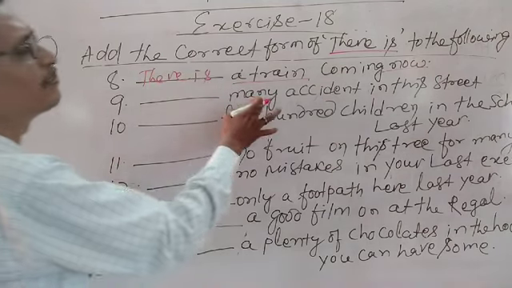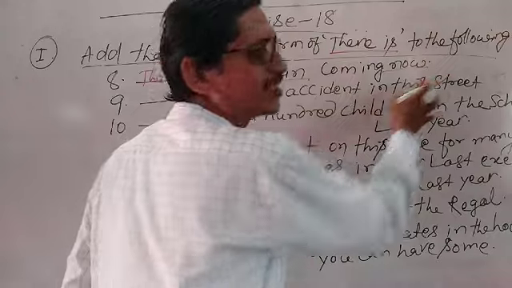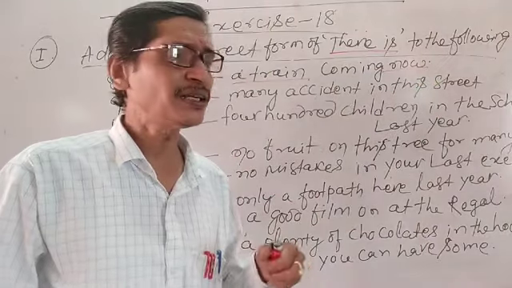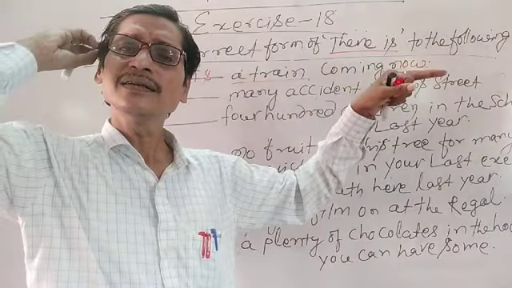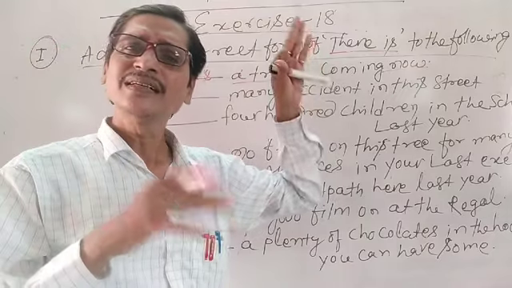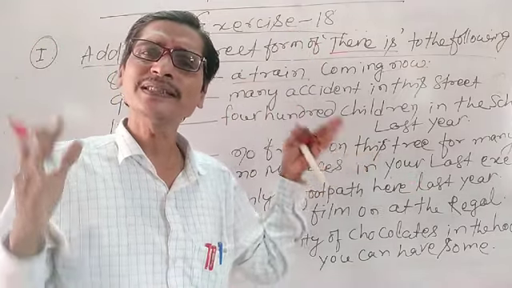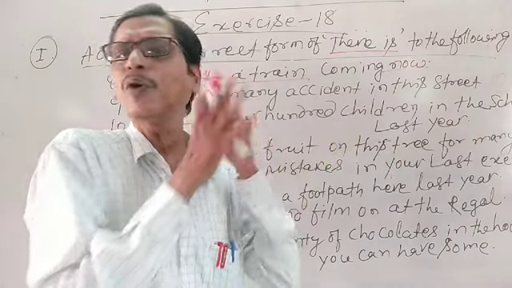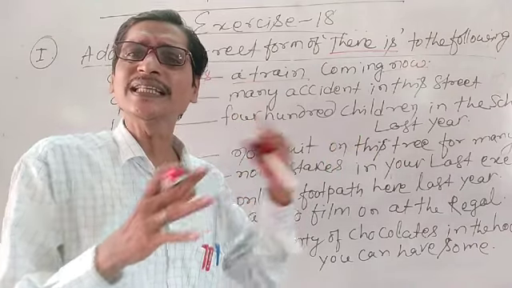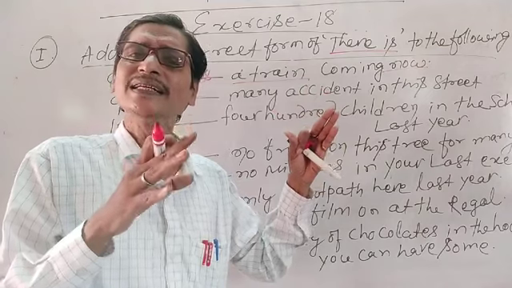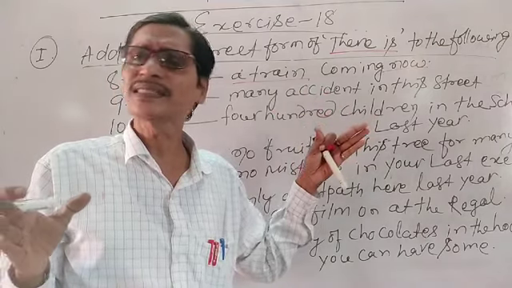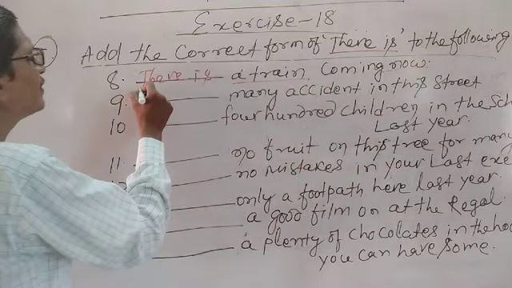So there are many accidents in this street. In this street, past accidents are continuous. So what will happen? Something is continuously in progress. That means something is happening from time to time. So what we will write?